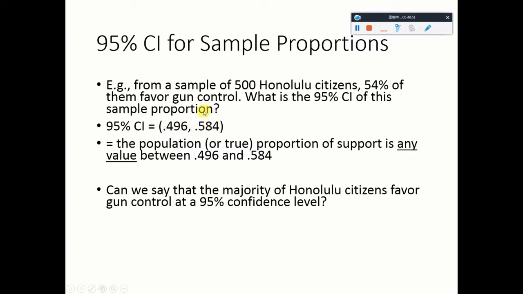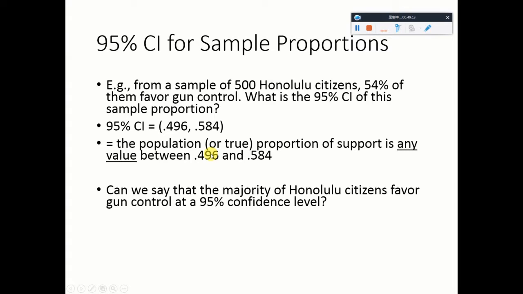In other words, there will be a range of variation here. That means it could be 54% exactly, but it doesn't have to be. It could be any value. We're not talking about the sample here. We're talking about the population proportion here.